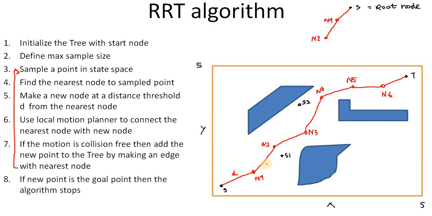And for simplification, I have only drawn the nodes that are closest to the target, but in reality there will be a tree, it's really a graph. For example, the sample point can also be in this direction. Then you have to grow your node here also, like this. Because it's random sampling, it will sample in each and every direction.